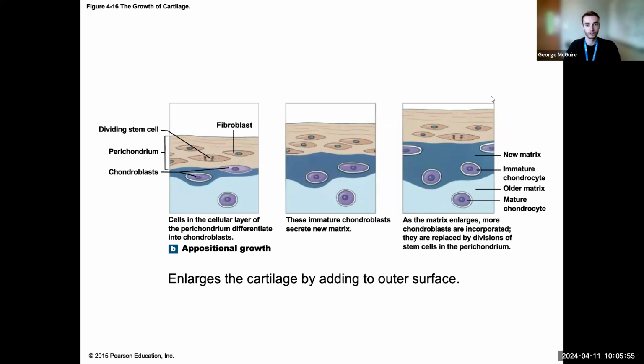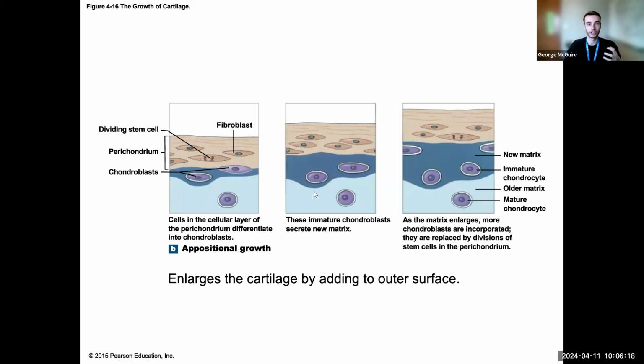But cartilage can also grow from appositional growth. So this is growing cartilage from the perimeter. Chondroblasts, these immature chondrocytes and immature cartilage cells, are going to be producing more of that matrix, which is going to push them away from the exterior, away from the perimeter, and deeper into the cartilage itself.